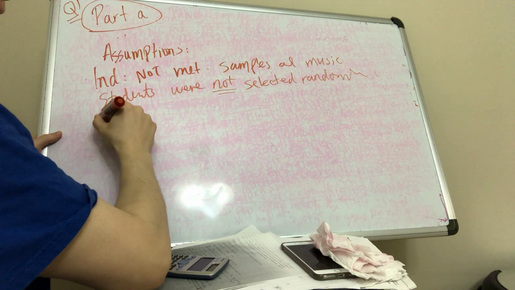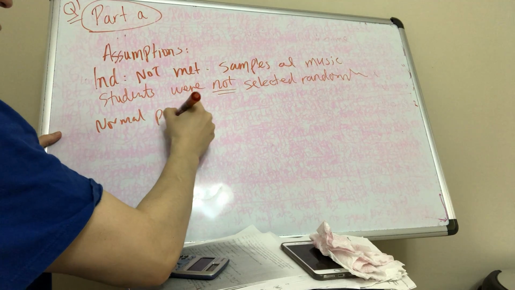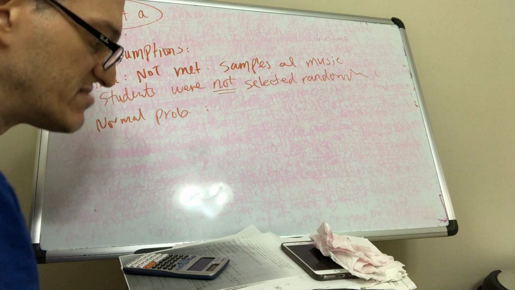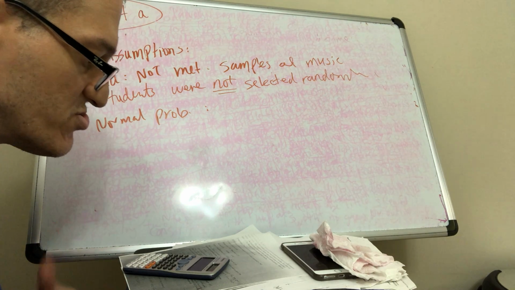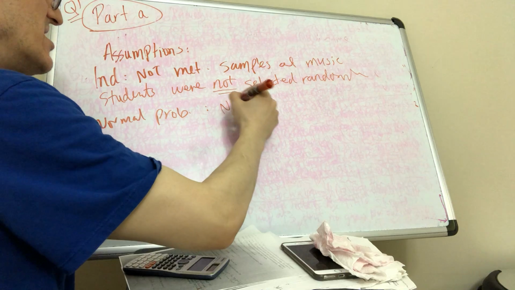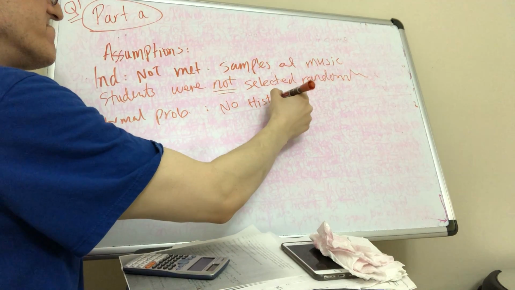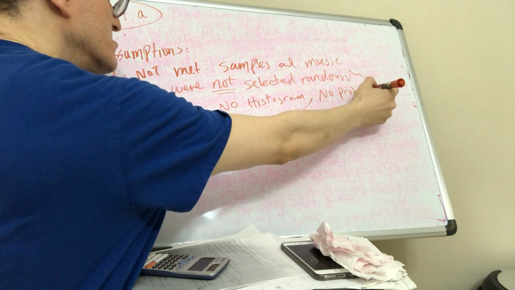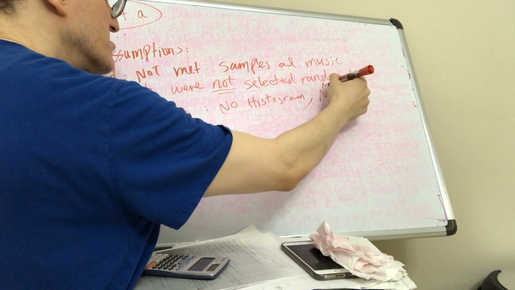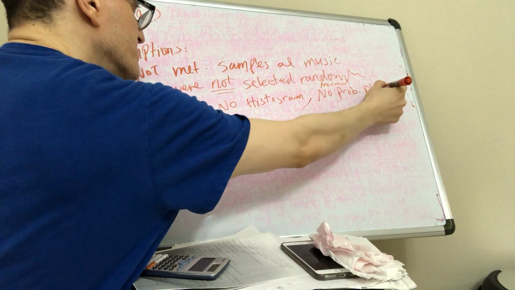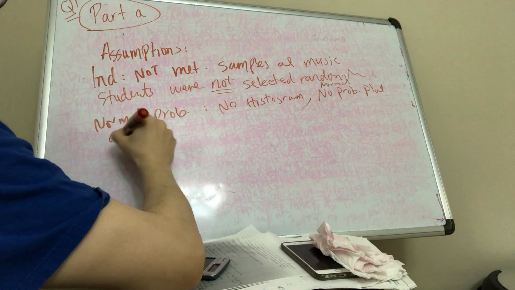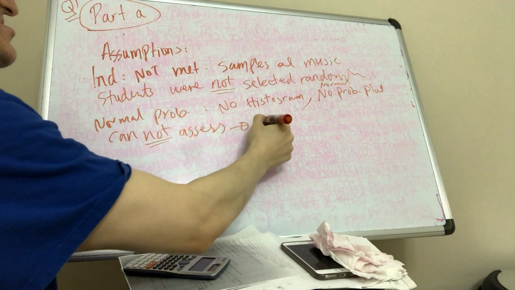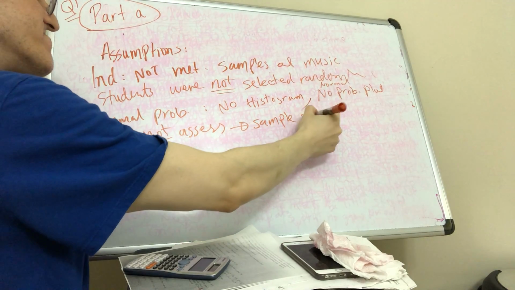We discuss the normal probability condition. Again, there is no mention in the question whether you have a normal distribution or not, and no histogram, no normal probability plot, nothing is given, cannot assess. So you need to check sample size.